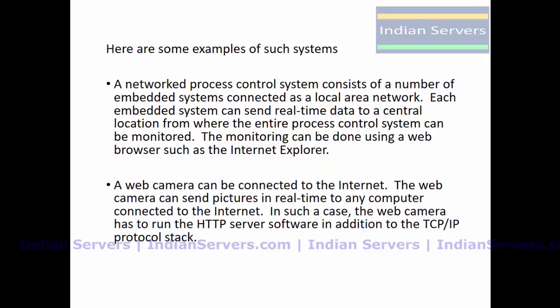If you take a web camera, when the web camera is connected to the internet, we can access the data of the web camera from anywhere in the world. Hence, it's also one type of embedded system where the web camera is going to push the data to the cloud. Finally, we access the cloud using some addresses and we use the data.